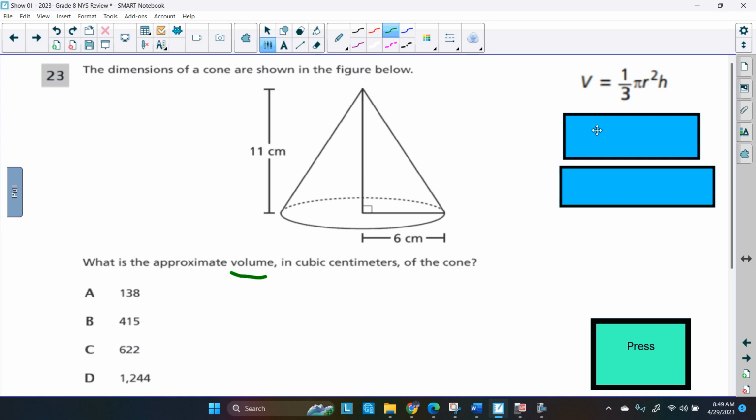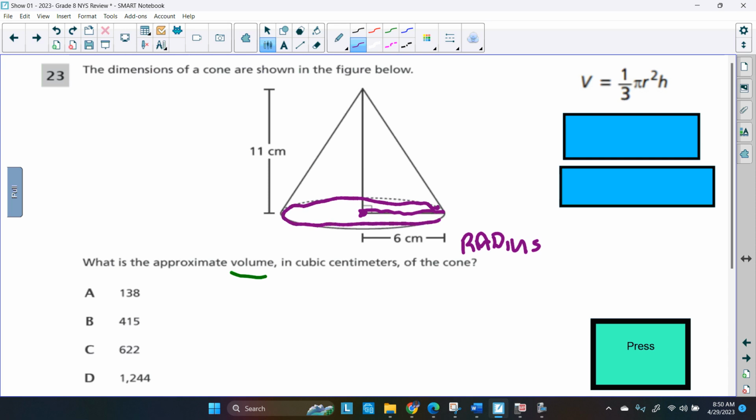So all we got to do in order to find the volume is know our terms. This is like a vocabulary term. V stands for volume, and R stands for radius. What is the radius? It's the line that goes from the center of a circle to the edge of the circle.